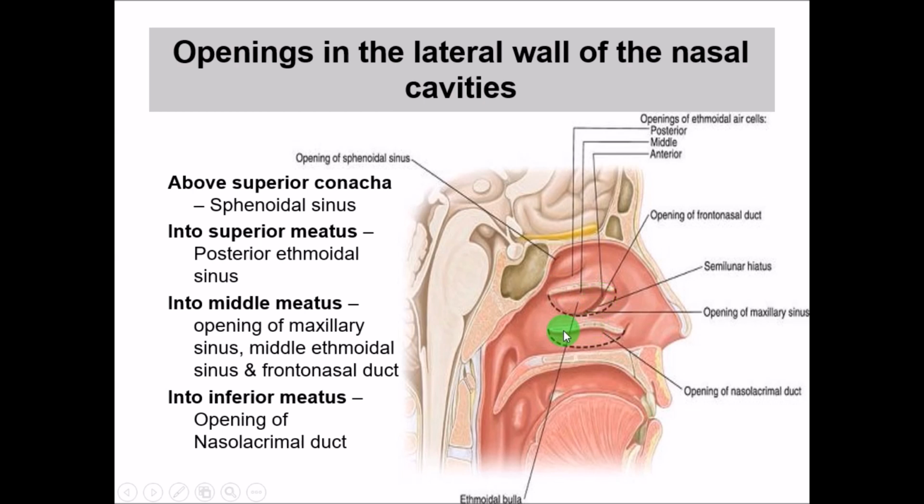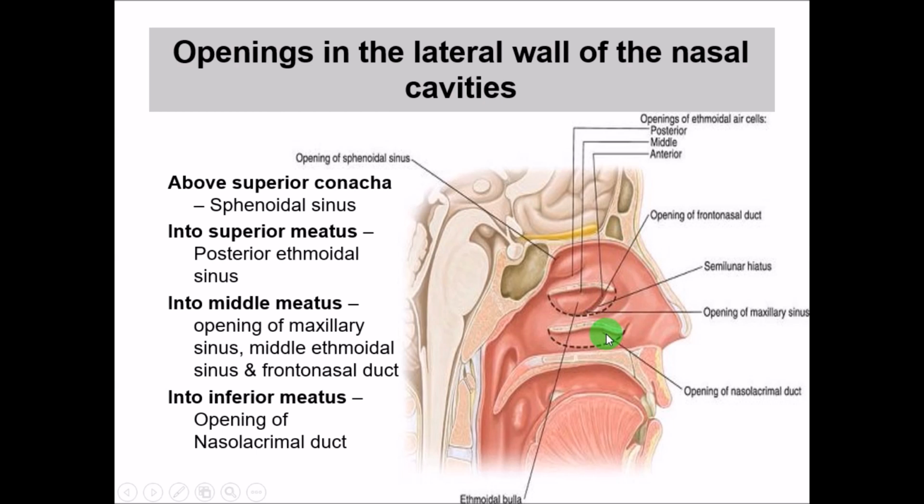Okay, then the opening into the inferior meatus, that is below the inferior concha, which is cut so that you can appreciate the very important opening called the nasolacrimal duct. From the eyes directly, the nasolacrimal duct will open into the inferior meatus.